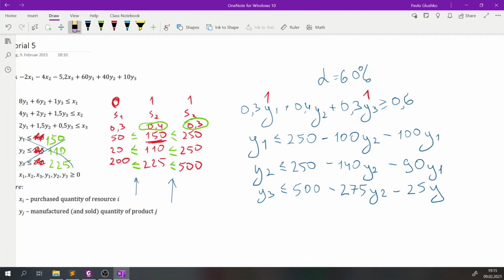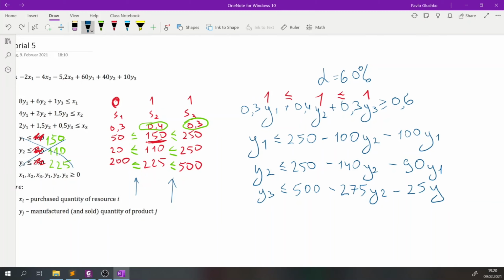So it can be only like that. And it means that we can say y3 should be always larger than y2, and y2 larger than y1. And a situation like this would violate such a constraint.